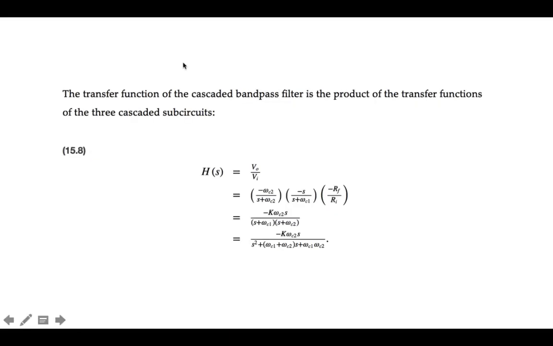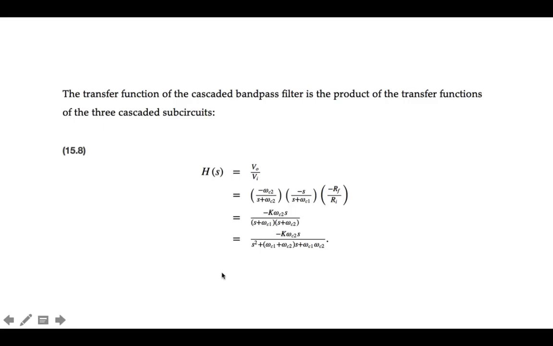All right, so we would find the transfer function by taking the ratio of V out over V in. And remember, it's basically the product of these 3 components. So here is our low pass filter, here is our high pass filter transfer function, and here is our gain transfer function. So the transfer function overall would be the product of all 3 of these. And so we can express that as a single transfer function, where in the numerator we would have k times omega C2, where k is the gain ratio of R feedback to R input.